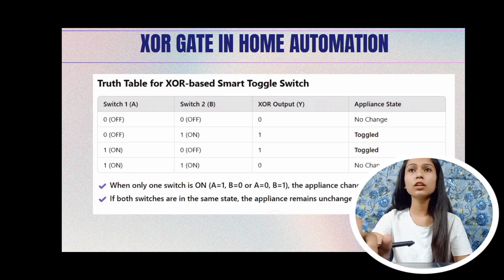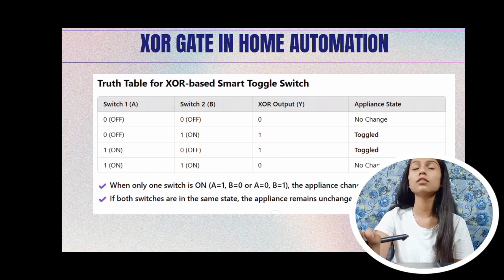This is the truth table. When switch 1 is 0, that means it is not pressed, and switch 2 is not pressed, then the state of the appliance remains unchanged. That means there is no change in the state of the appliance.